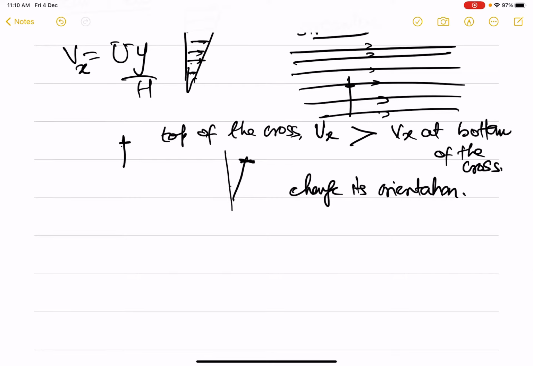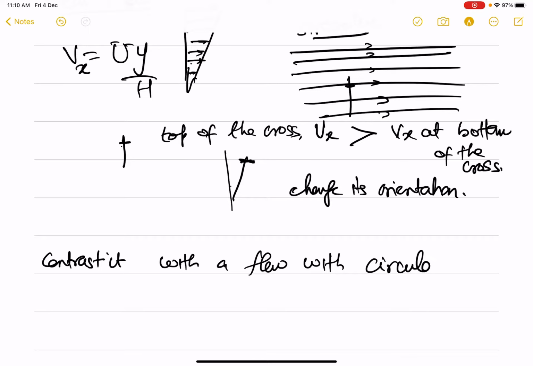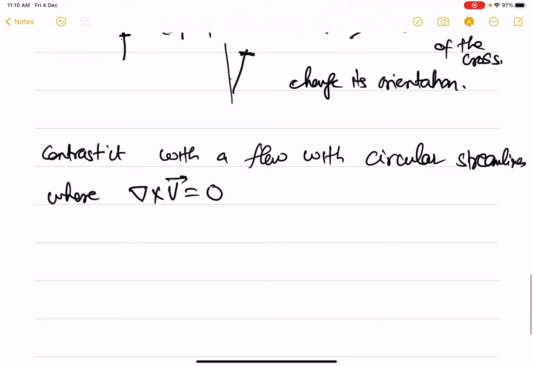And we can contrast it with a flow with circular streamlines, a flow where del cross V is equal to 0, and we will be showing such flows.